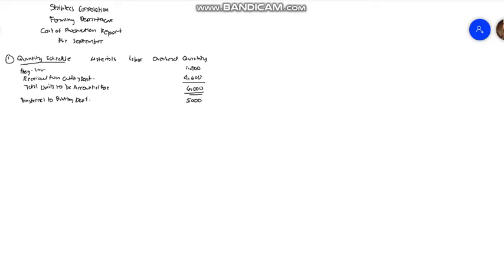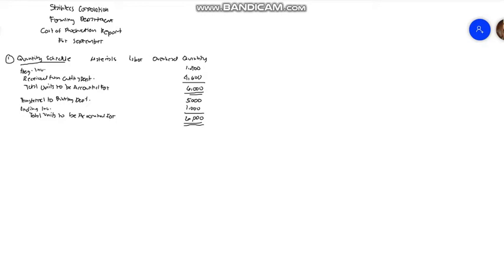And then ending inventory of 1,000 units. Now again, please take note of the total units to be accounted for. Okay, sorry for my bad handwriting.